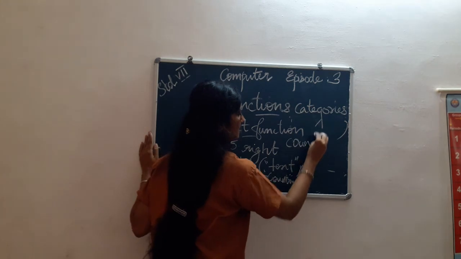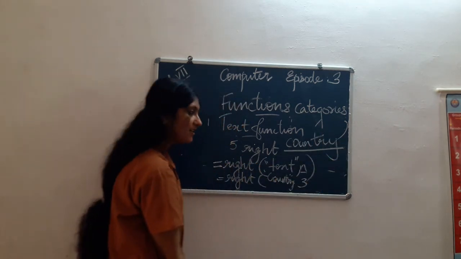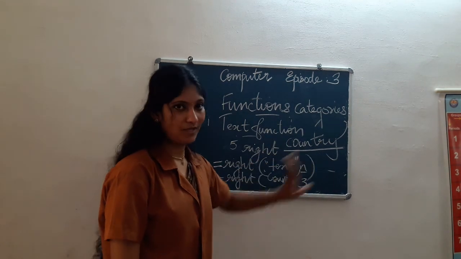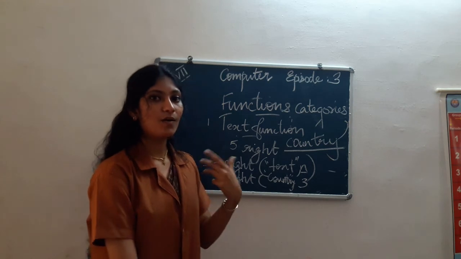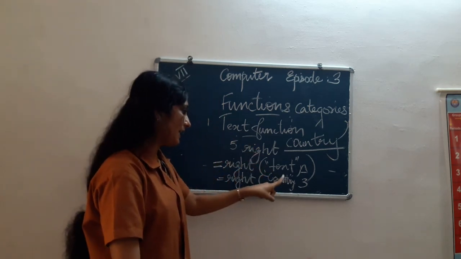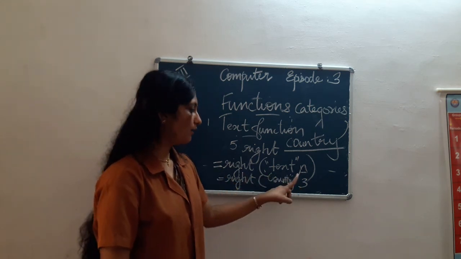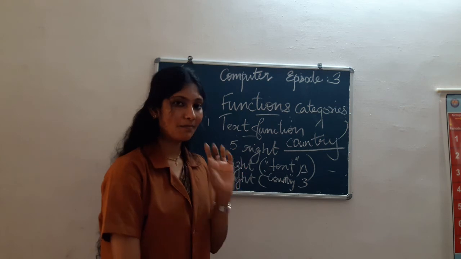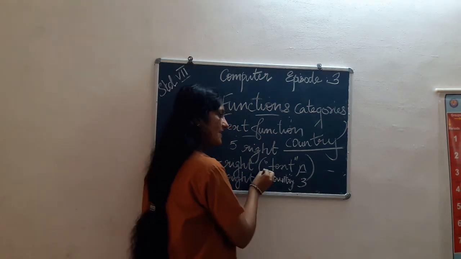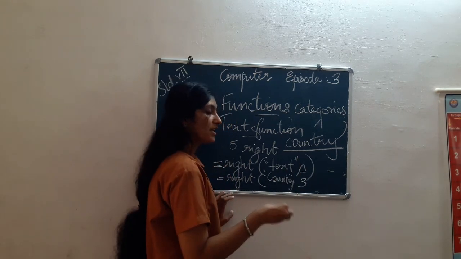Here is our input word, country, the string we have to enter as input. Then I want 3 letters in the output. So it starts from the right side and counts 1, 2, 3.